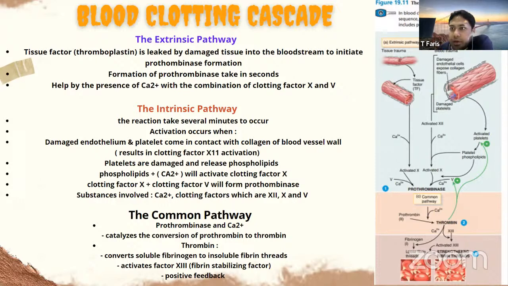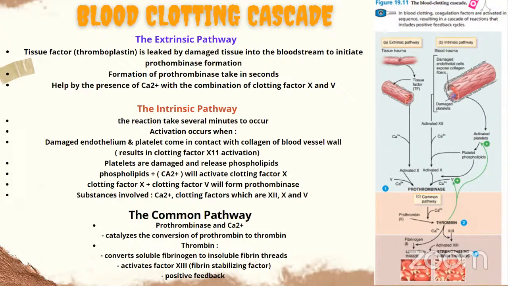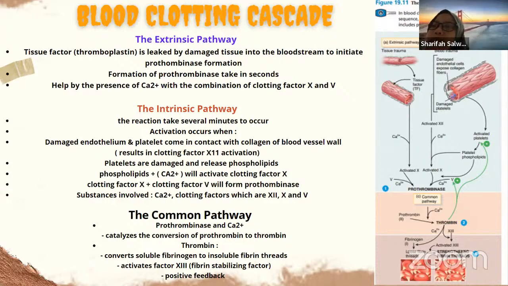What makes the blood vessel choose extrinsic or intrinsic? How can they choose which pathway they want? Maybe by looking at the damaged tissue or cell.